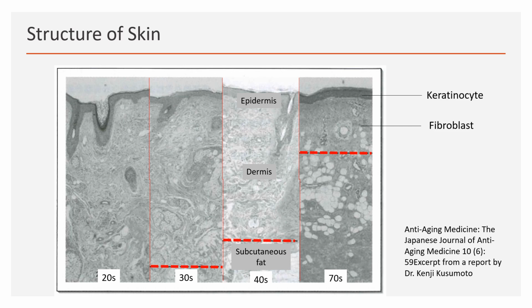Next, we will talk about the dermis, which is found beneath the epidermis. The dermis includes fibroblasts, and these fibroblast cells produce collagen, hyaluronic acid, and elastin to provide elasticity to the skin. This slide presents cross-section photos of the skin of people in their 20s, 30s, 40s, and 70s. You can see that the dermis becomes thinner with aging.